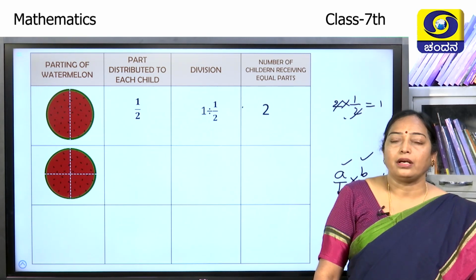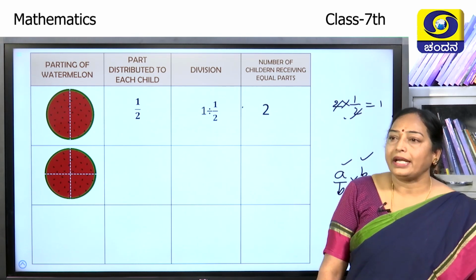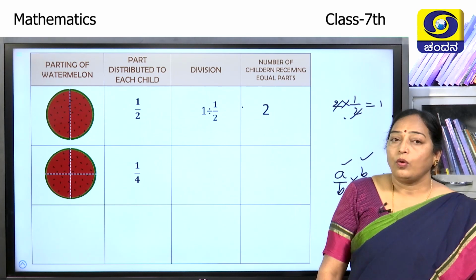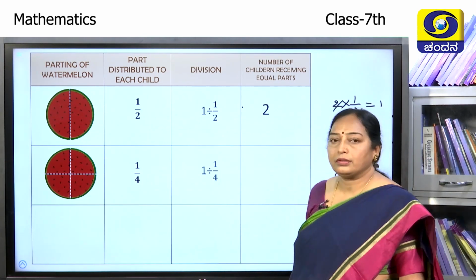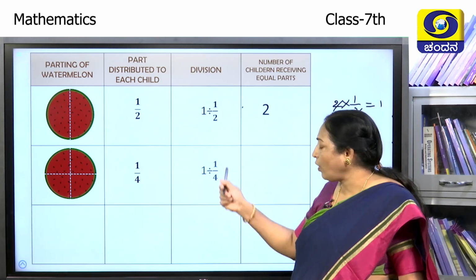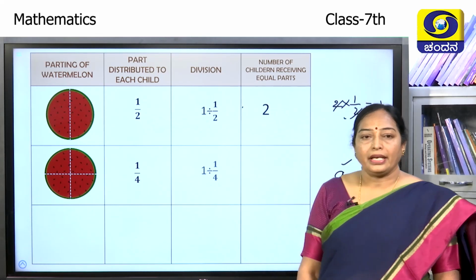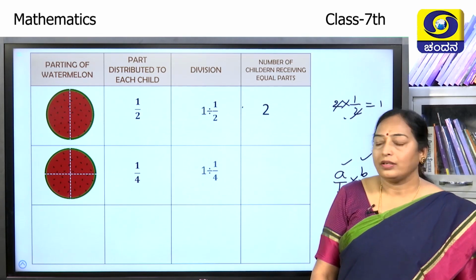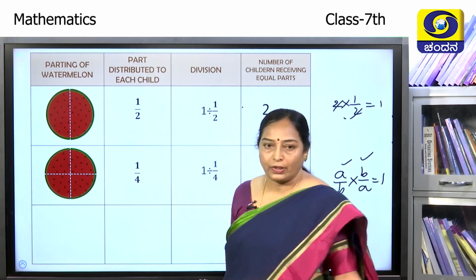If the watermelon is divided into quarter parts, so that each child gets a quarter part, the whole watermelon is divided by 1/4. That means a quarter. How many children will get a quarter part equally? 1, 2, 3, 4. 4 quarter parts.